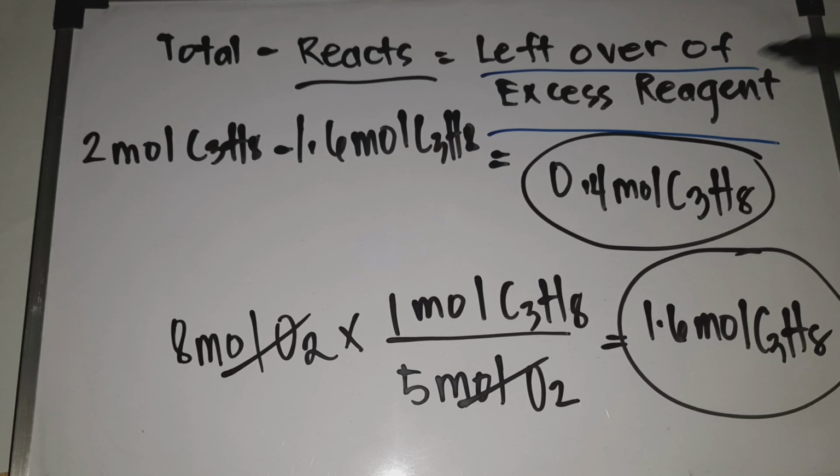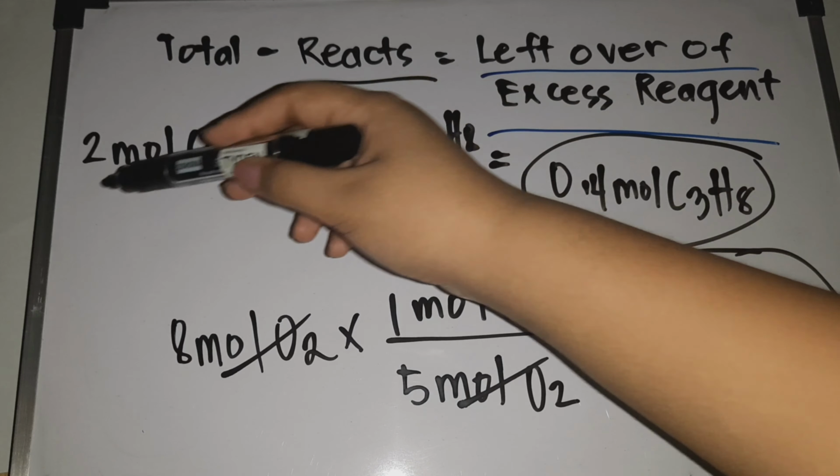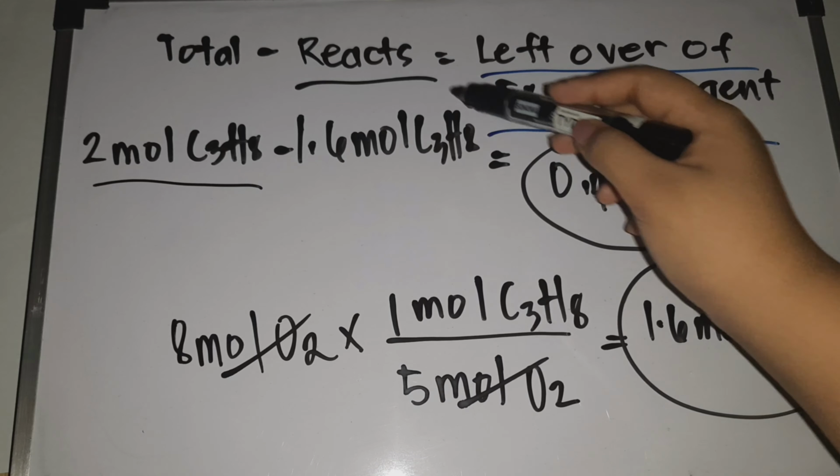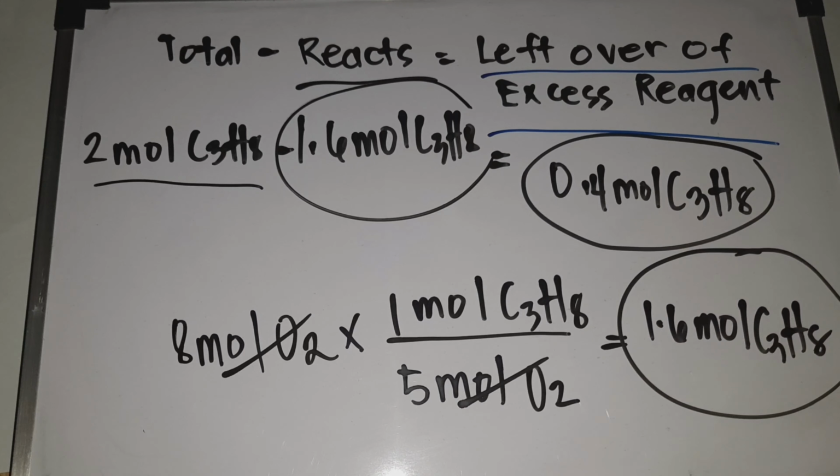So after the chemical reaction, or the combustion of propane and oxygen, there is still excess. Not all 2 mole of the propane is used, only 1.6. So the excess is 0.4 mole.